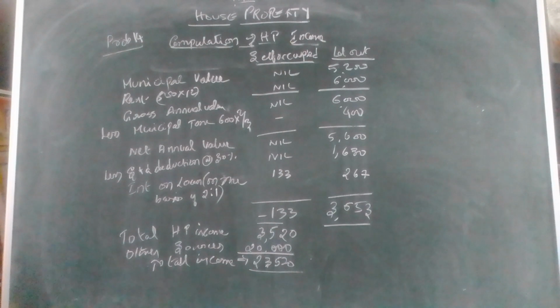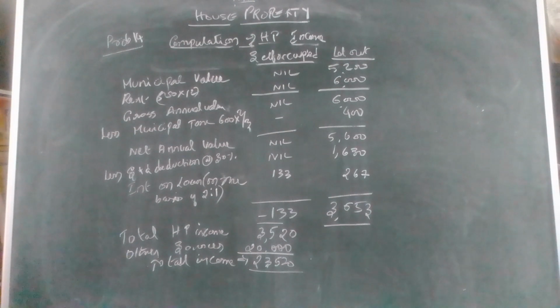Another important point, if required, put a mark in your textbook. Municipal taxes for the entire unit is given as 600 rupees. We should not take 300 and 300. We have to take the municipal tax as 600.